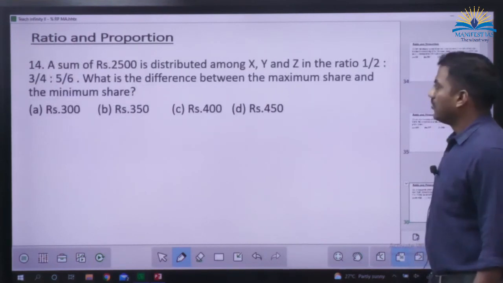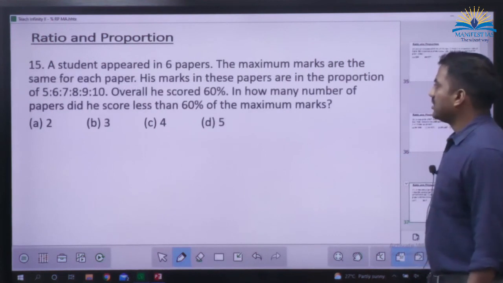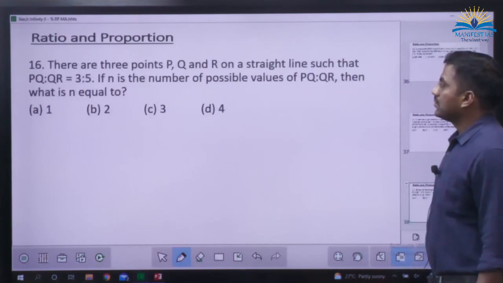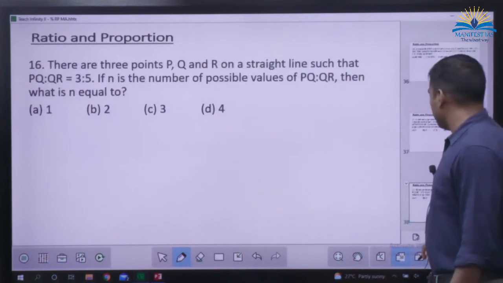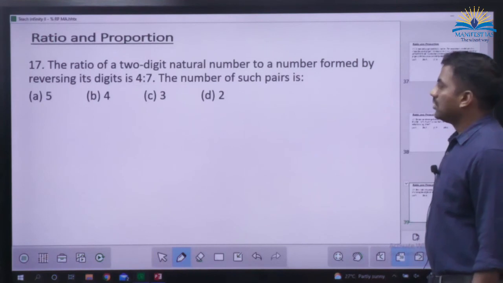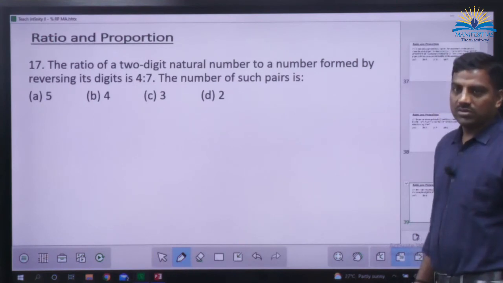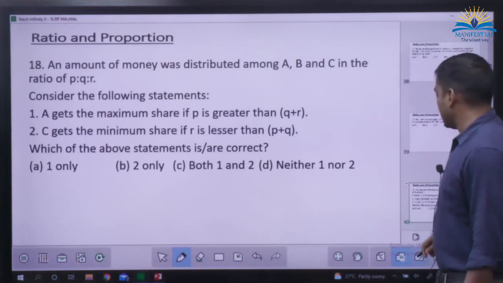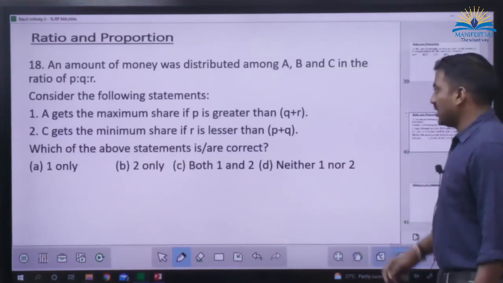This I'll solve, 4 questions. This I will solve, 5 questions. This you try to solve. This I'll solve. This concept you know. And this is more of logical reasoning.